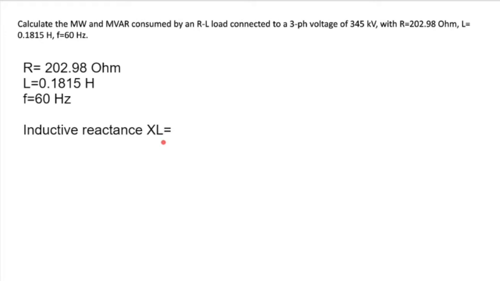Calculate its value and tell me what's the power factor. Calculate the power factor and let me know.